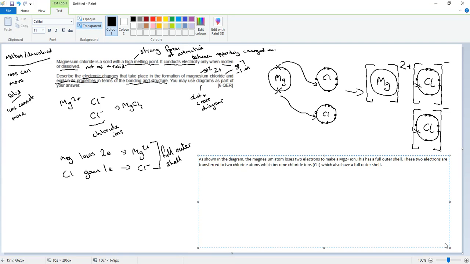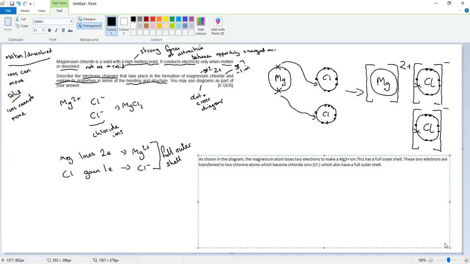So we've described pretty much what happens in there. So the magnesium atom loses 2 electrons to become Mg2+, it's got a full outer shell, and then 2 electrons transferred. So we've done the electronic transfer diagram.